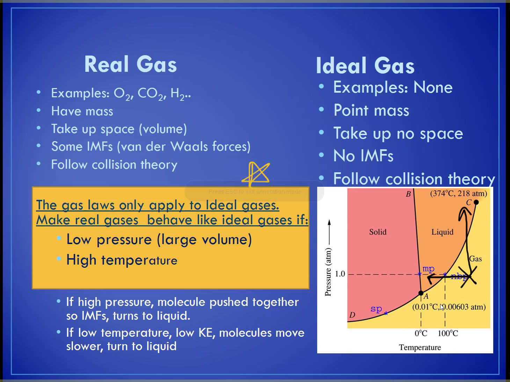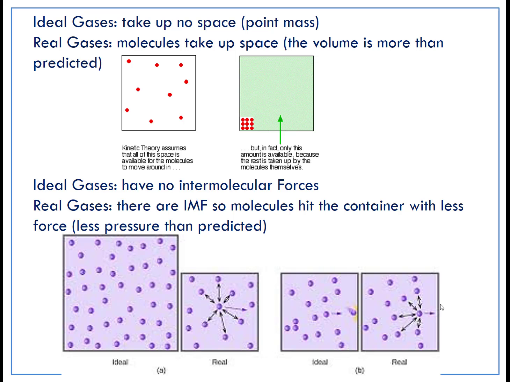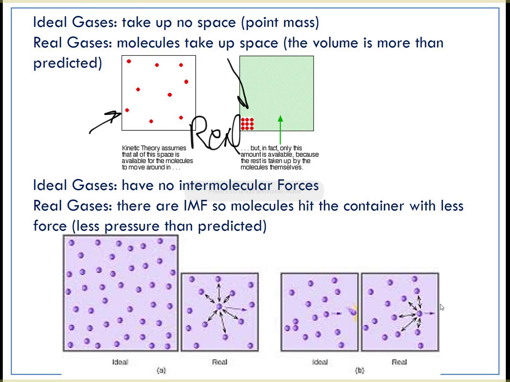Let's talk a little bit more about real gases and their intermolecular forces. So this diagram shows a picture representation of an ideal gas versus a real gas. So this right here is a real gas. It takes up space, so the molecules are taking up part of that volume, and you can see it right here in this little green square. If you were to smush them all in a corner, you would see that not all the volume is available for the atoms to move.